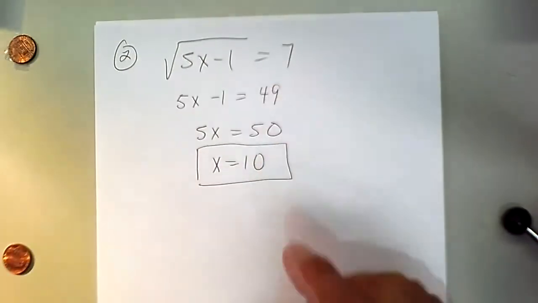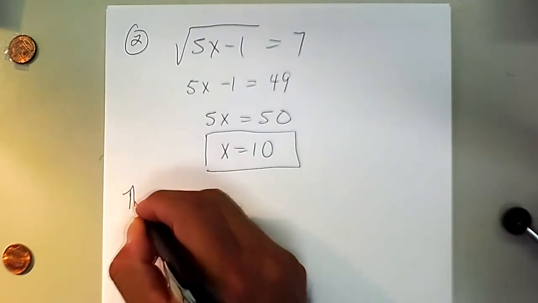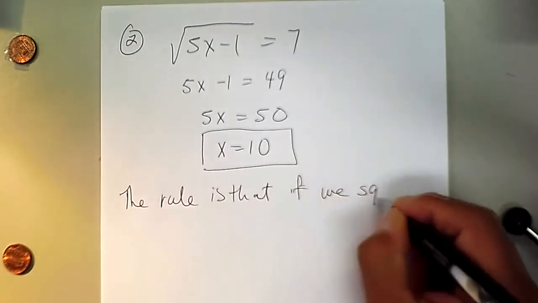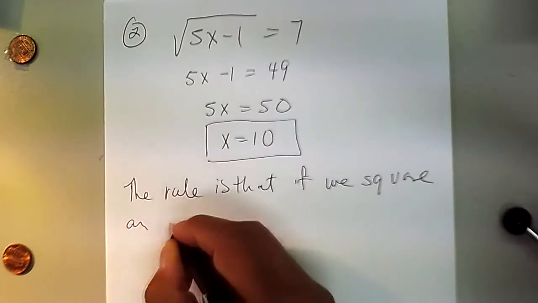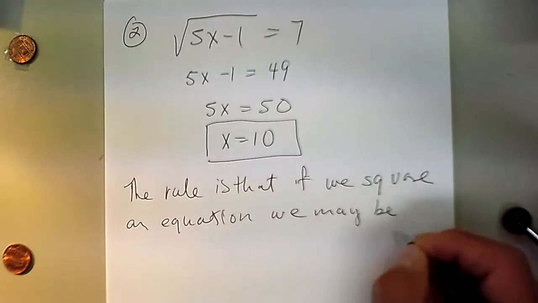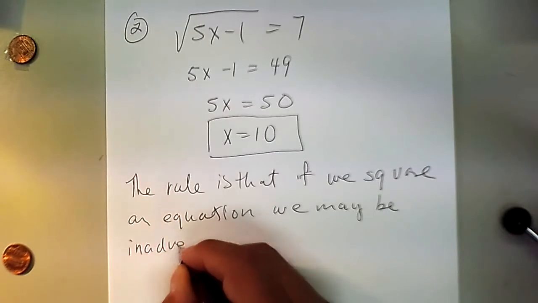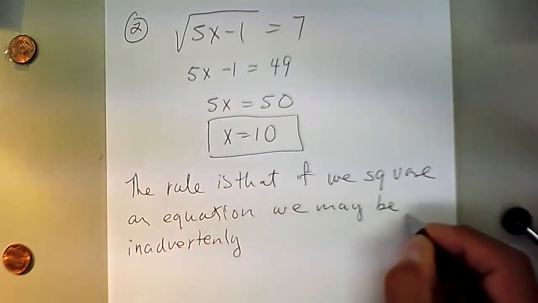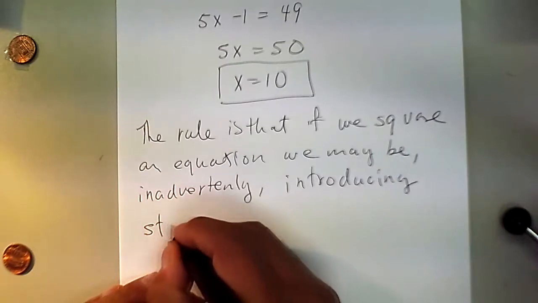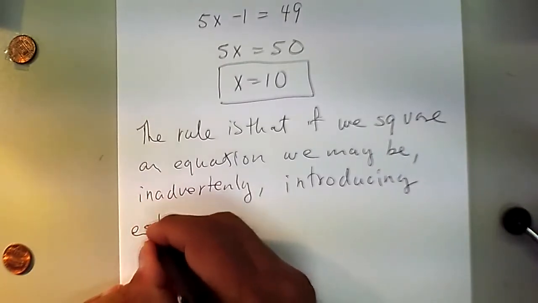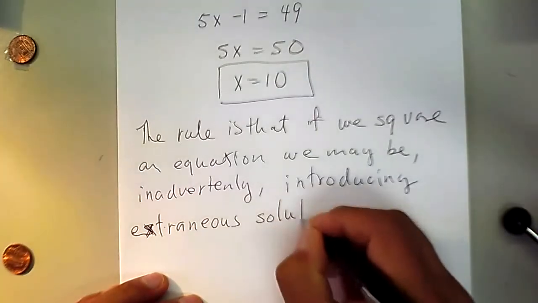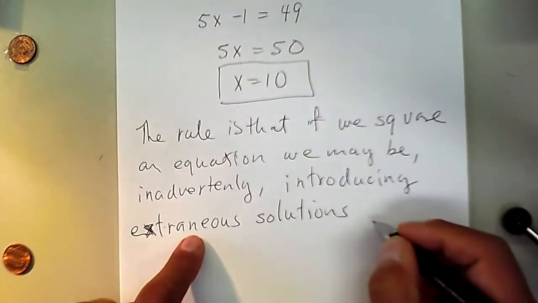So the rule is that if we square an equation, we may be inadvertently introducing what are called extraneous solutions, solutions that don't belong really.